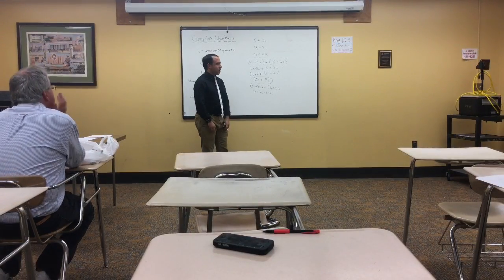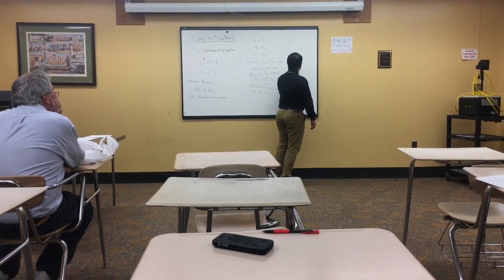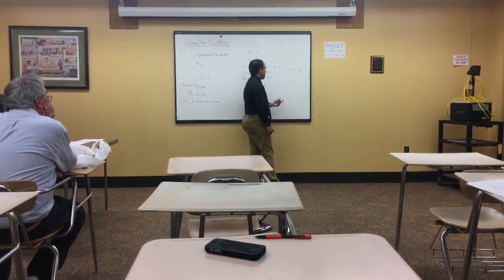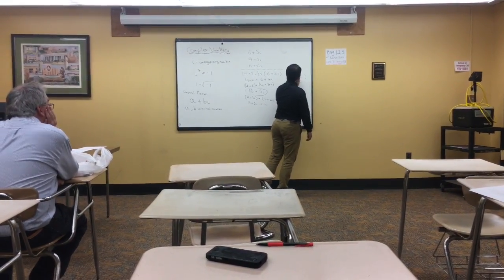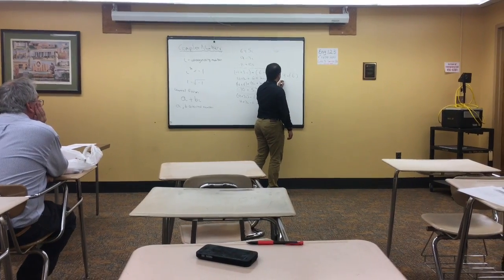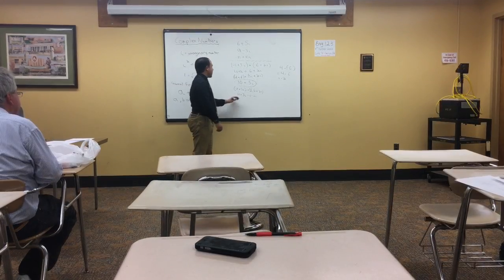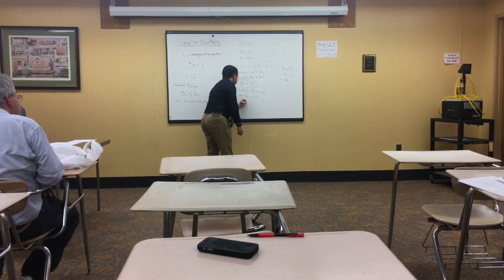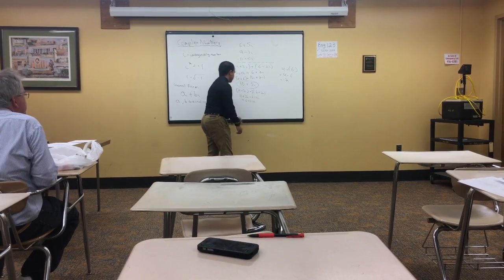Because remember, if we had a number that was like 4 minus 6, or we said 4 plus -6, that's the same as saying 4 minus 6, which is -2. And then we can realign these, so we would have 4 minus 6 plus 3i minus 2i.